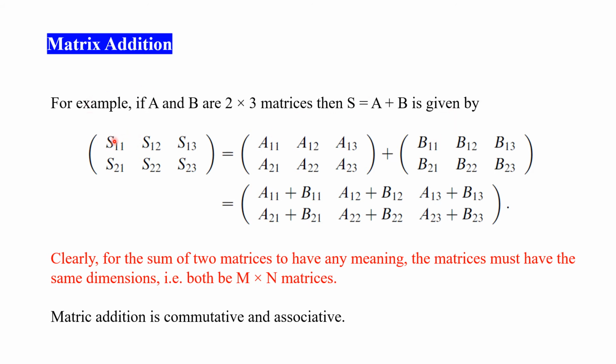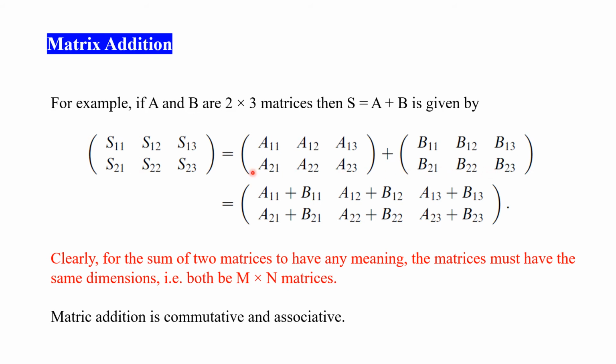Okay, so what we do is just add the components A11 plus B11, and that will be our S11. Next, we add A12 and B12, and that will be our S12. Next, we add A13 and B13, and that will be our S13. Next, you add A21 with B21, and that will be our S21. Then we add A22 and B22, and that will be our S22.